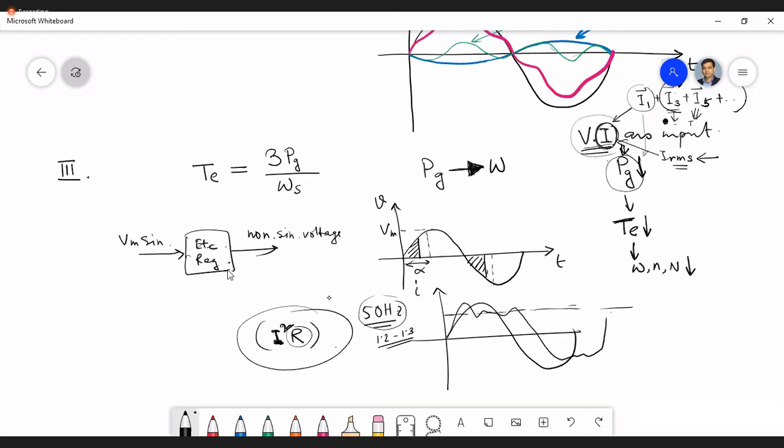But if the current now has other components like 150 hertz, 250 hertz, third, fifth, all these components, then there will be more skin effect. Okay, so that means R will increase.